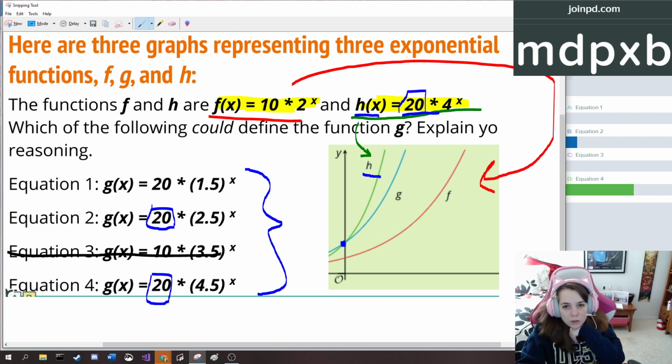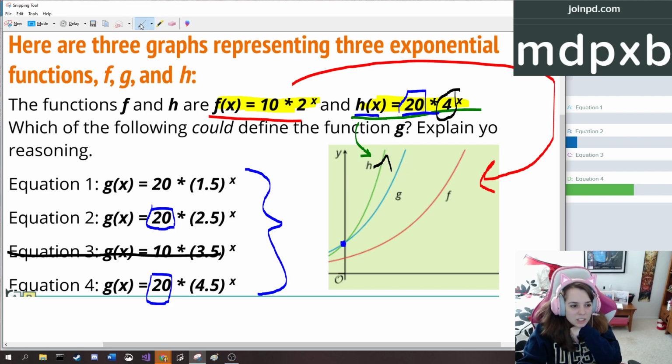So it seems like we're a little tossed up between 2 and 4. If we take a look, this is increasing, this rate is positive. So which is going to be faster? Is h or g going to be faster? Now h is on top of g, so we know that h is going to be faster than g.